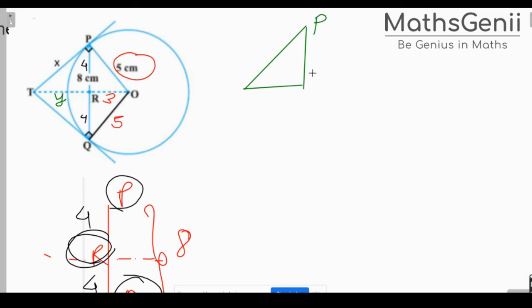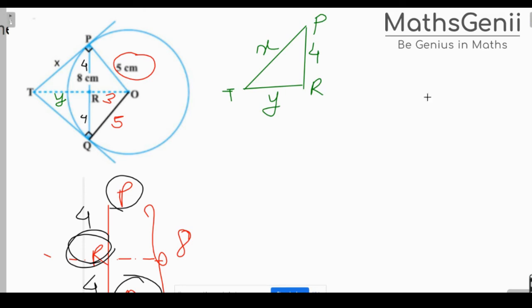PT is X, PR, the small part, is 4, and RT is Y.